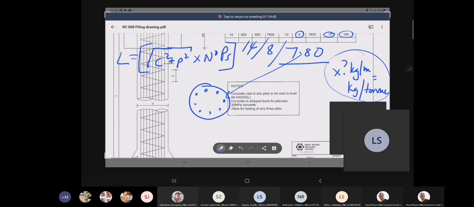Okay? The number of P's. So what is C? Where do I see C? I say that C is equal to pi d. You agree with me? C is equal to pi d.